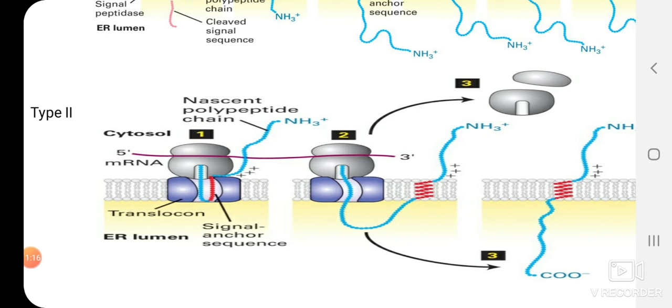Before that, when this part of the signal sequence, which we call the signal anchor sequence, gets synthesized, further synthesis of the polypeptide chain and translocation puts a pressure on the translocan to open.